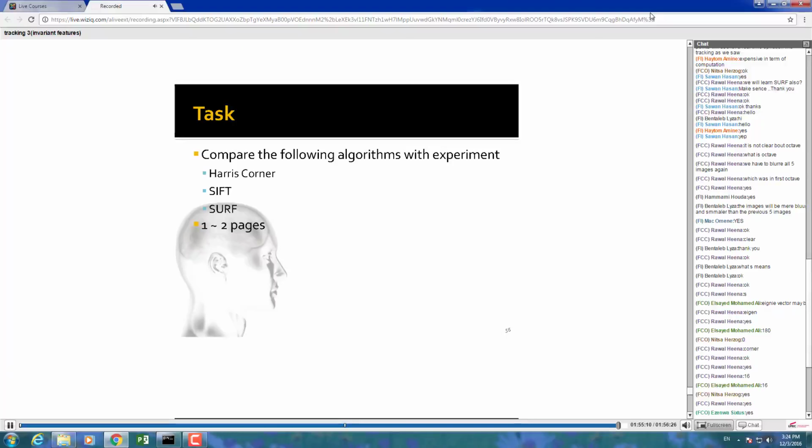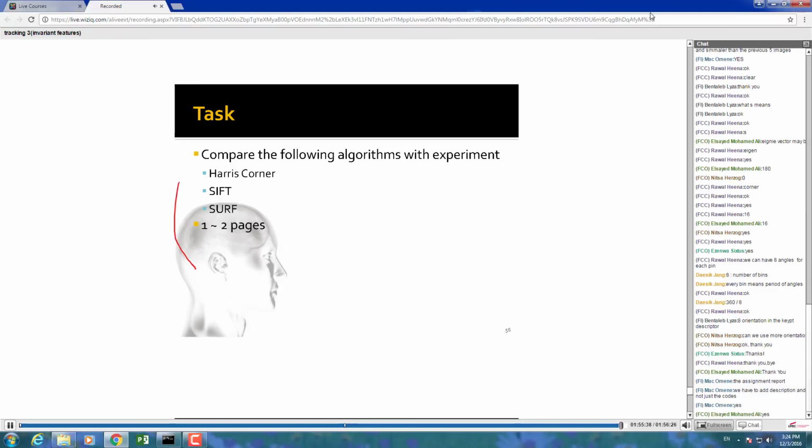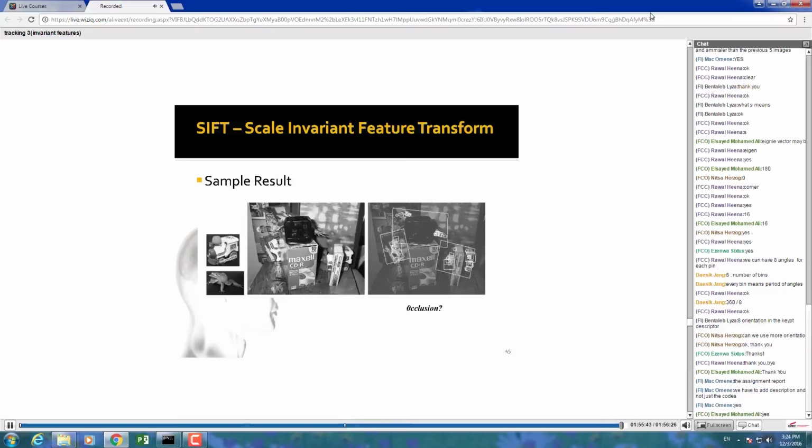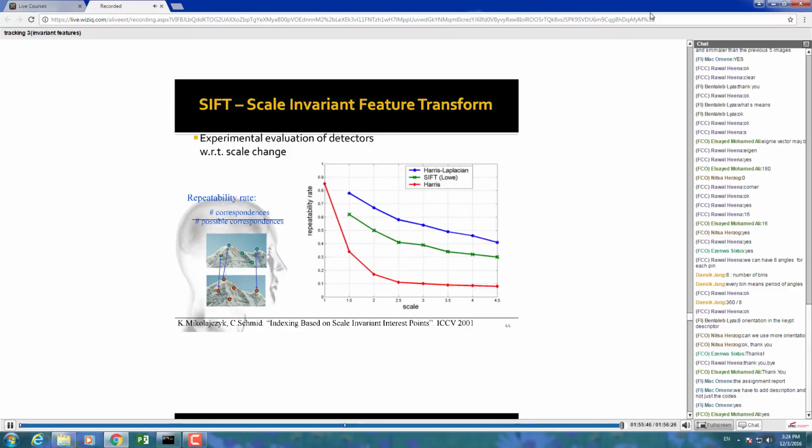I prepared an assignment for this topic of invariant features, but I think we'd better assign this one next class, next week, because we haven't finished, almost done. So this is the assignment for today, but it's not so urgent. So let's do that next week. I will change the deadline again. Is that clear?